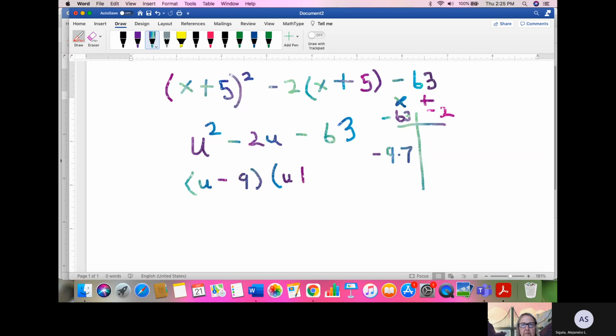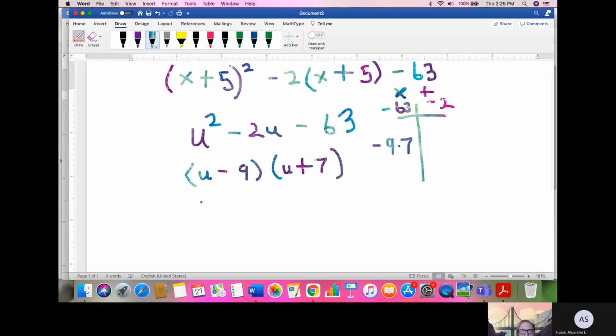Yes. So then we have to put our x plus 5s in. So we would get x plus 5 minus 9, which would be minus 4, correct? Mm-hmm. And the other one would be x plus 5 plus 7, which would be plus 12.